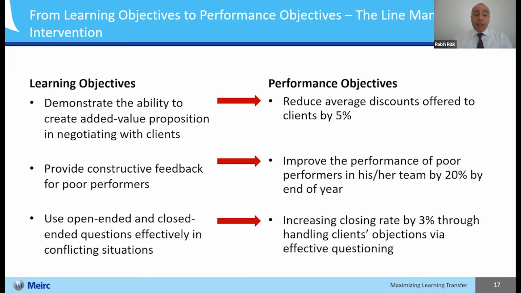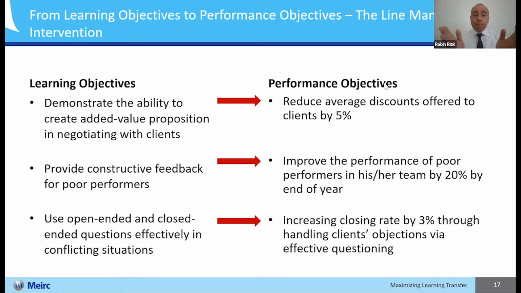The learning objective of a conflict management course would be using open-ended and closed-ended questions effectively in conflict situations. And then in the case of handling objections from clients, we would like to increase the closing rate by 3% through handling objections via the questions that you ask.